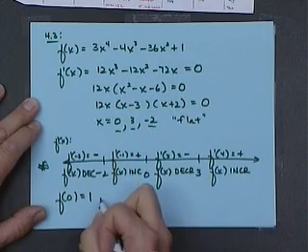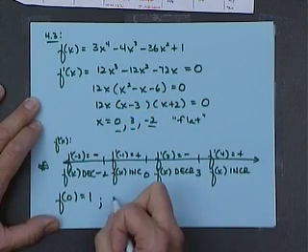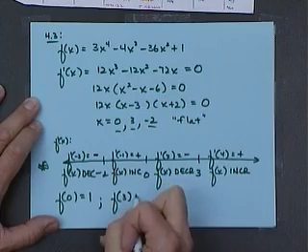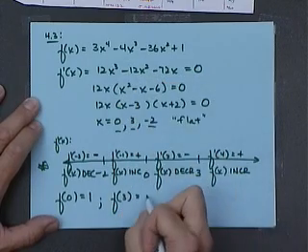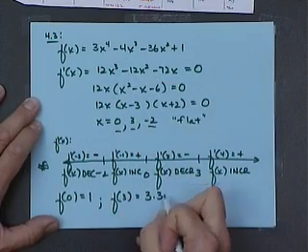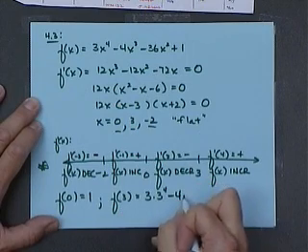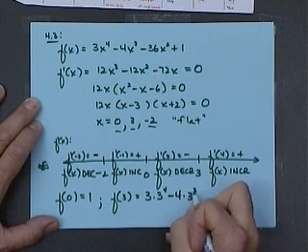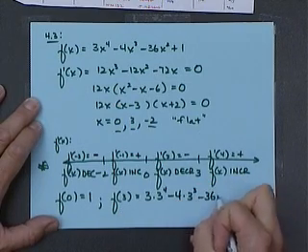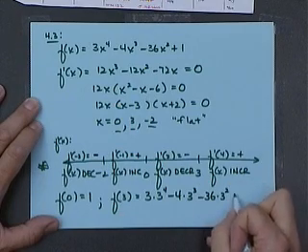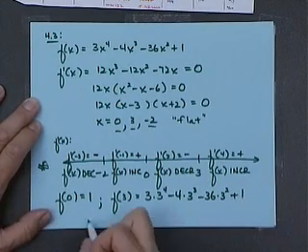Somebody needs calculator help on that one. f of 3, let's put that back into the function. Everywhere there's an x, we'll put in a 3. Somebody run that through your machine.